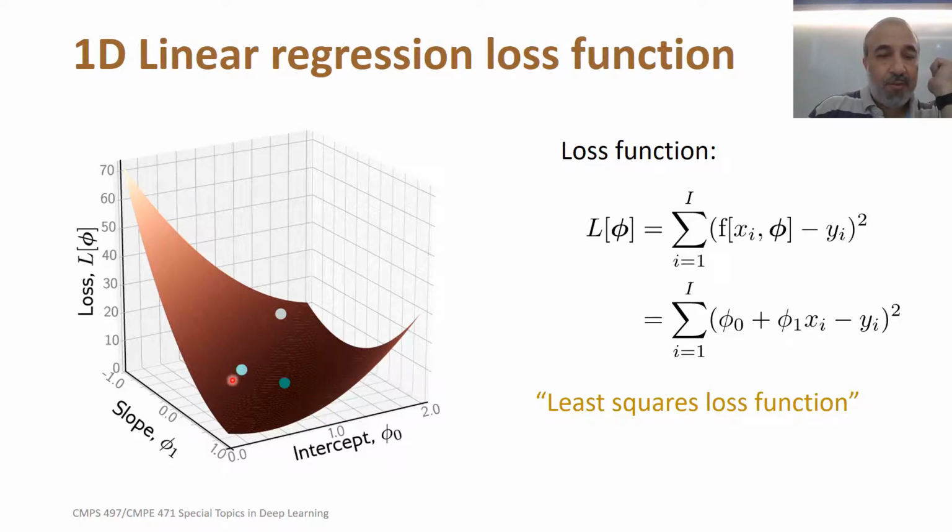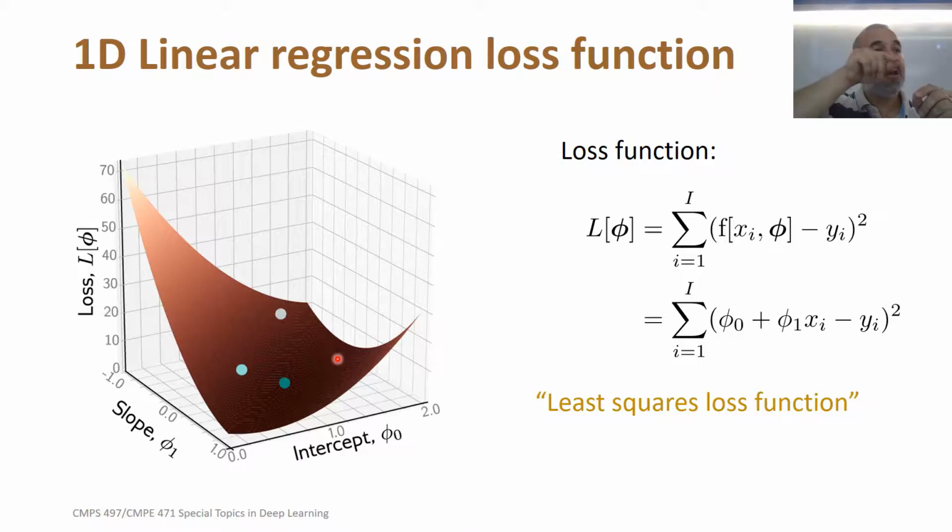Now, what are these points? You see these three points? Each point in that space is represented by a specific value for phi 0 and a specific value for phi 1, and the height is the loss for a specific line. Remember, the model here is linear regression, which is a line.